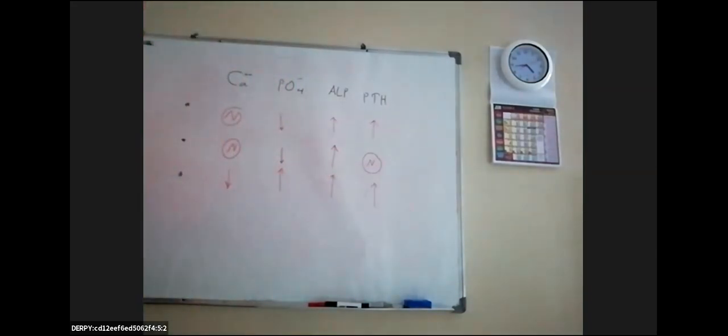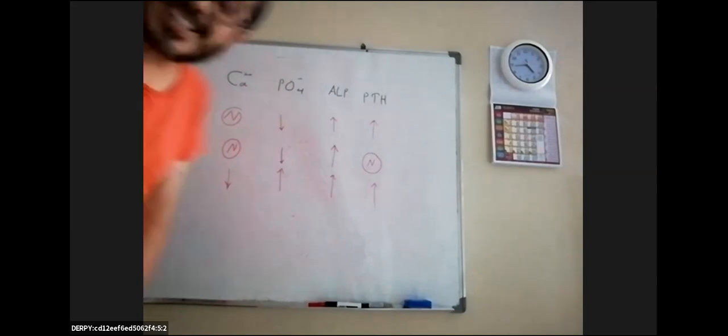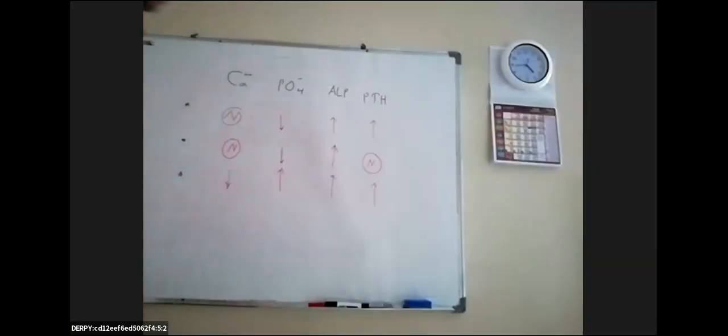So from these three, which one is the renal rickets? Number three, very good, correct answer. Why?